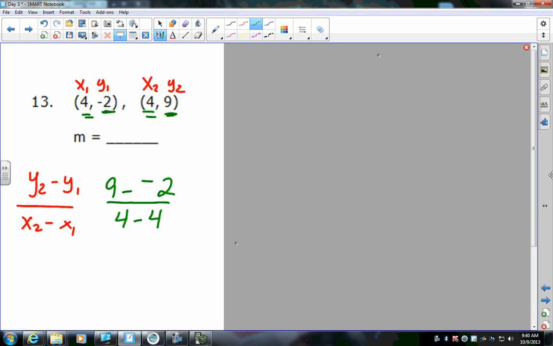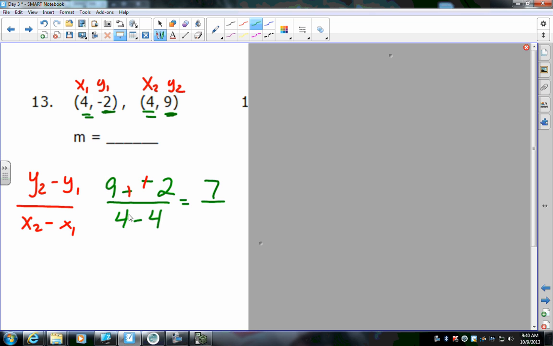Now, remember when you guys were doing integers last year? When you subtract a negative, what does it become? A positive. So a negative times a negative is a positive. So this becomes plus, and now I get 9 plus 2, which is 7, over 4 minus 4, which is what? 0.